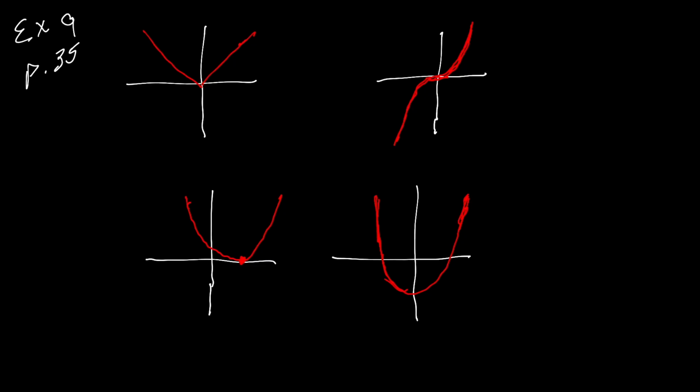All right, odd and even, or even and odd functions. So now we're looking at example 9 on page 35 in the book. And the easiest way to explain it at first is to show pictures. So an even function is symmetric on the y-axis. Let me write that.